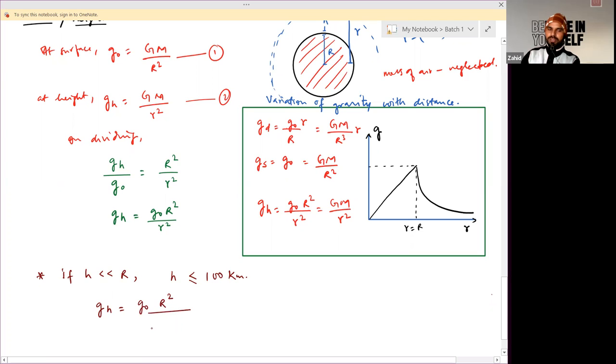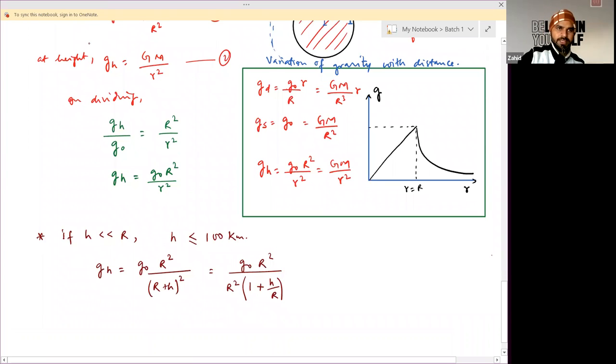We may write small r as R plus h, whole squared. So g naught times R squared divided by, if we take R to be common, R squared times 1 plus h by capital R, whole squared.